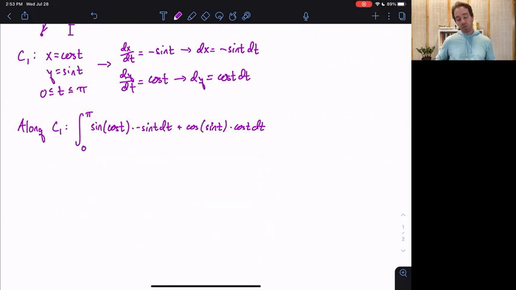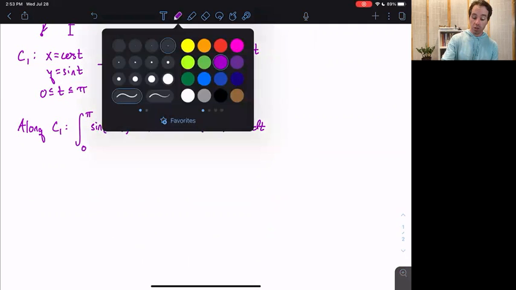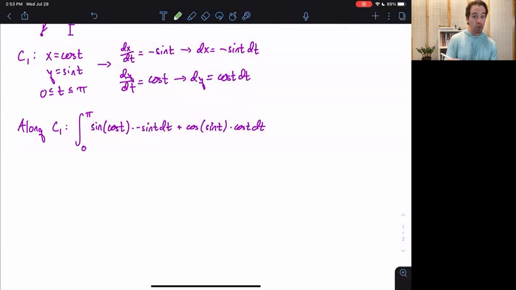Now, this seems kind of lousy, right? Because you've got a trig function of a trig function, sine of cosine. But watch, if you pay attention, you actually see some very nice stuff happen with the du's. So in this case, if you take u equal to cosine of t, then du is equal to negative sine t dt.